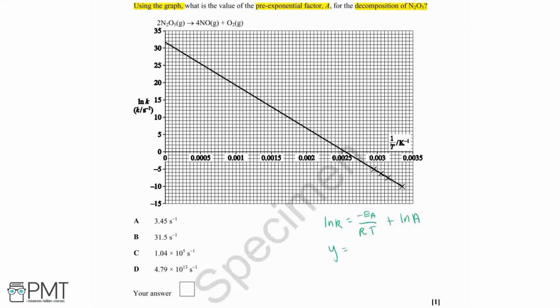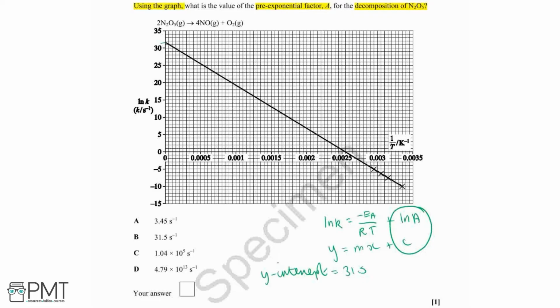And linking this to our y equals mx plus c equation for a straight line, we can see that ln A is going to be equal to the y-intercept of this graph. So the y-intercept of this graph is at 31.5. So we can read this off from the graph, and that's at 31.5.